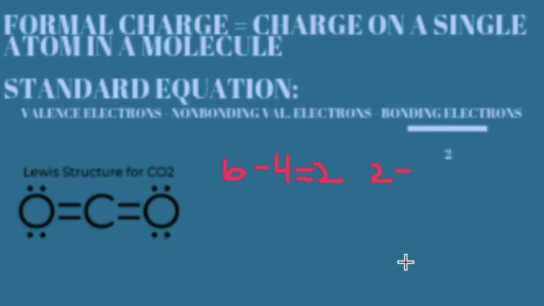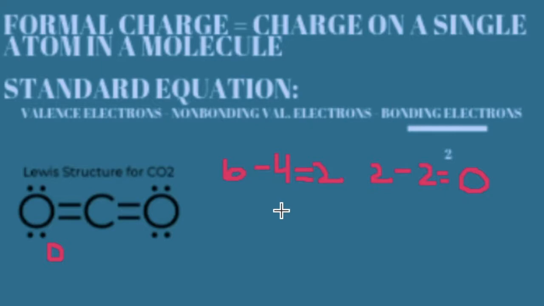Then 2 minus the number of bonding electrons. Well, it has 4 bonding electrons divided by 2, which is 2, and that gives that oxygen a formal charge of 0.